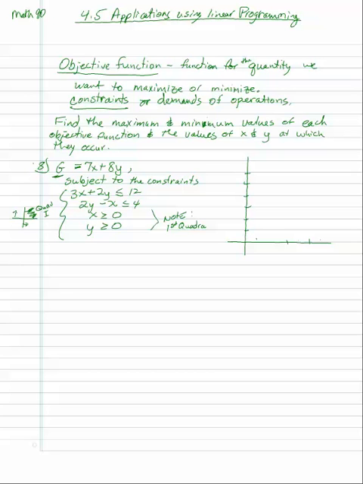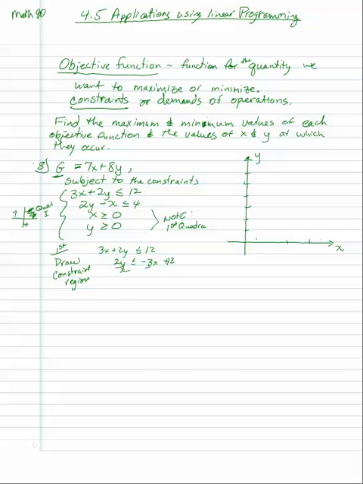Okay, so our first step is to figure out the constraint region. We're going to graph all of these, and like I said, we're in quadrant 1, so I made my graph just looking at quadrant 1. 3x plus 2y is less than or equal to 12. We're going to put it in slope-intercept form.